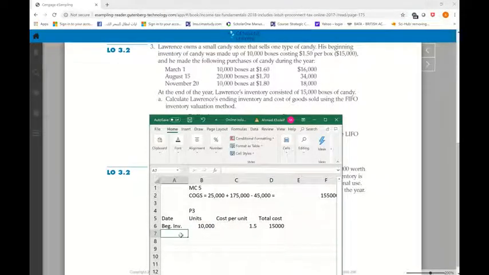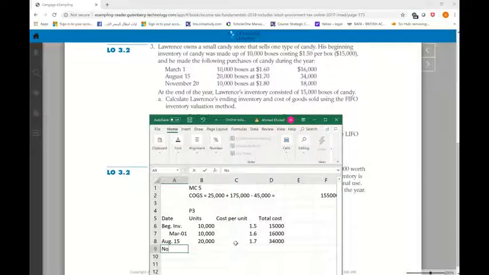And then we have the purchases. March 1st: number of units is 10,000, and cost per unit is 1.6. Then August 15: number of units is 20,000, and the cost per unit is 1.7, so the total cost here is 34,000.